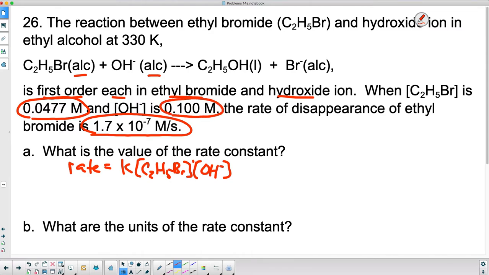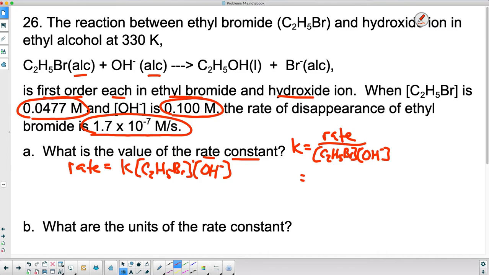So let's fill in. First of all, let's solve for k, because we're looking for the rate constant, which means k, and k always equals rate divided by the concentration of the reactants to their orders. Good.